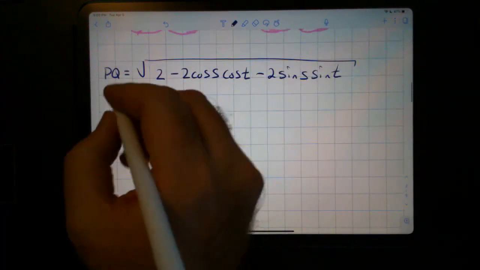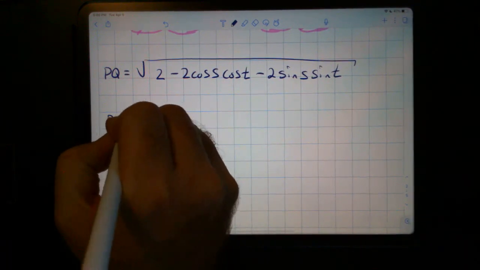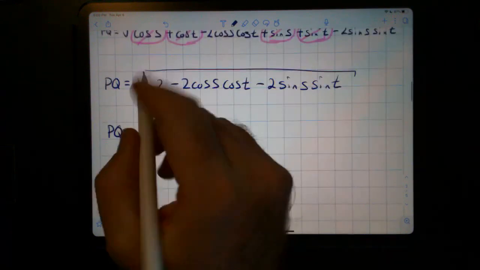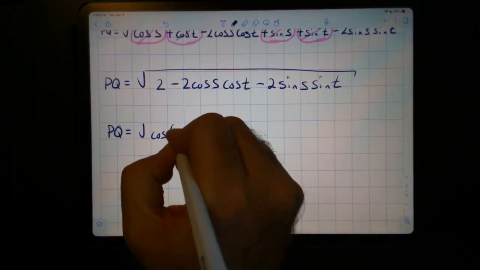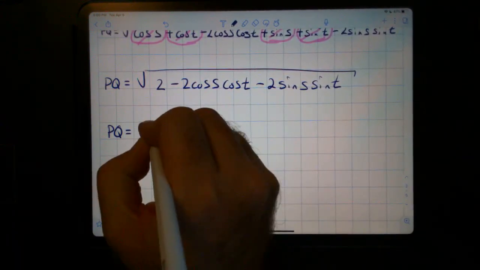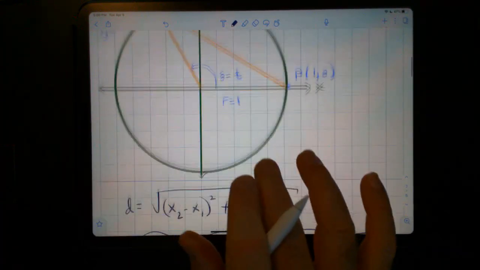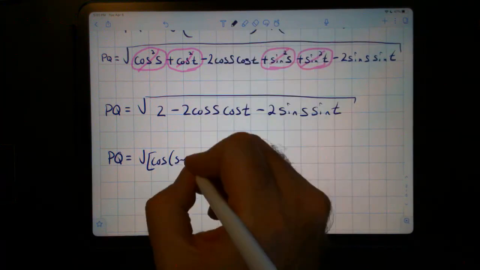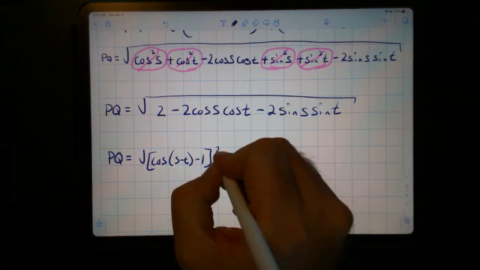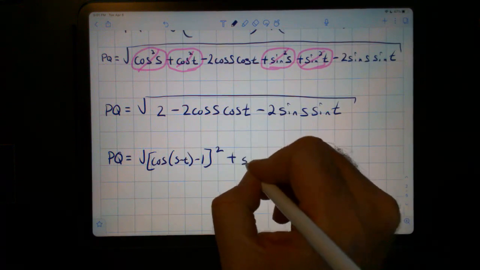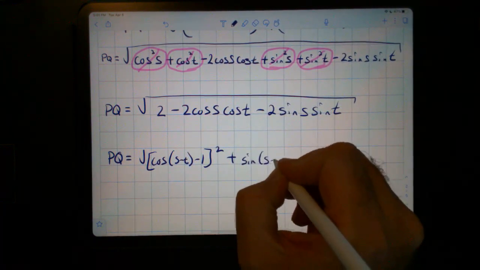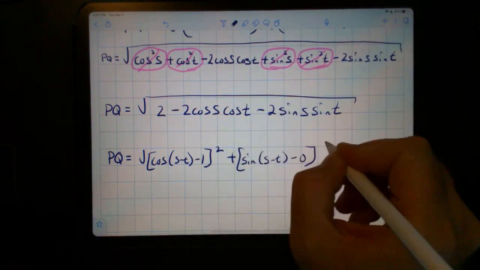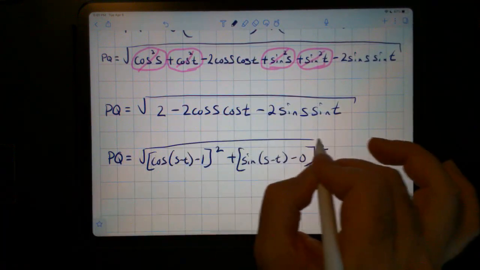And so we have PQ is also equal to the square root of the difference of your x values squared plus the difference in your y values squared, all of that being square rooted.